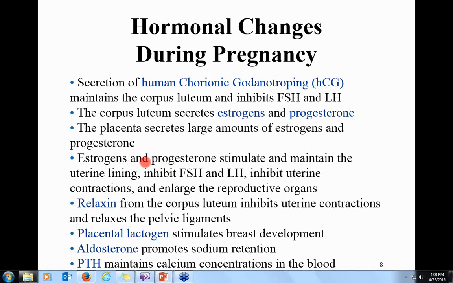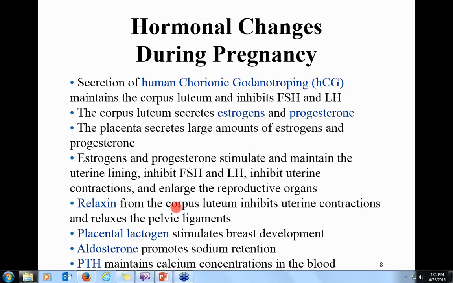Estrogen and progesterone stimulate and maintain the uterine lining. Again, inhibit the gonadotropins. Inhibit uterine contractions, so the blastocyst can firmly implant, and they will enlarge reproductive organs. Another hormone released is called relaxin.